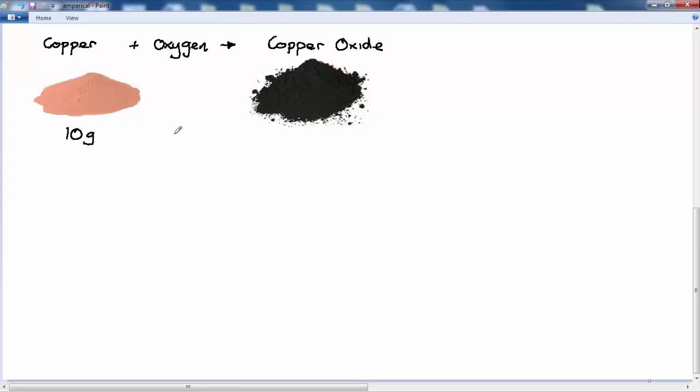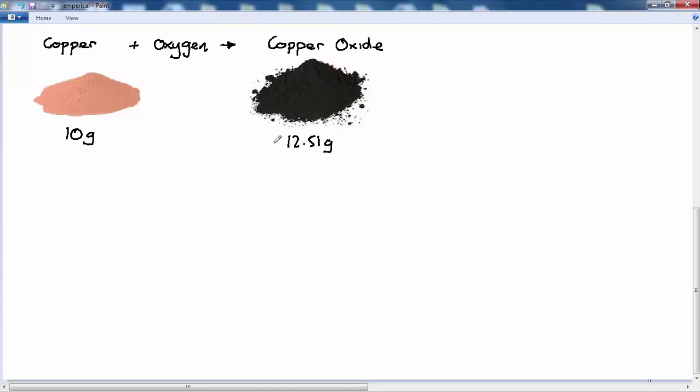Now, I know that the copper powder is reacting with oxygen in the air, and so the copper atoms combine with the oxygen to form this new substance. I measure the mass of the new substance and I find that to be 12.51 grams.